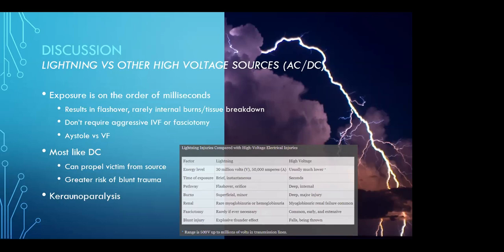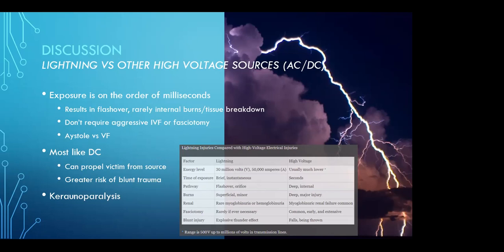The magnitude of the volts is much greater, but the exposure is on the order of milliseconds. So you're not going to see those deep internal burns or tissue breakdown. You're going to get those flashover type burns. And because of that, these patients don't often require aggressive IV fluids or things like fasciotomy.